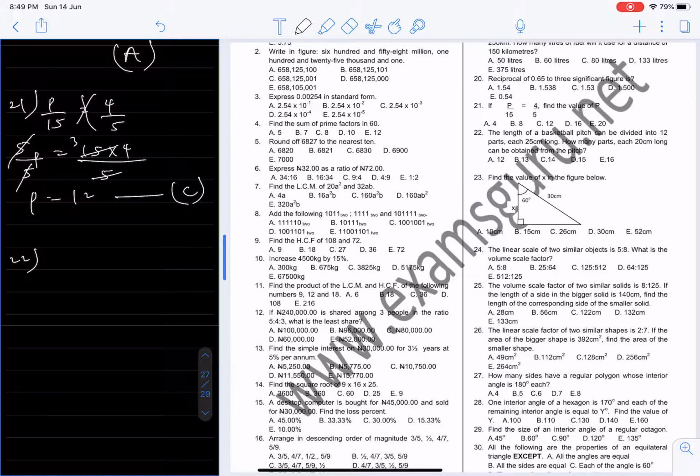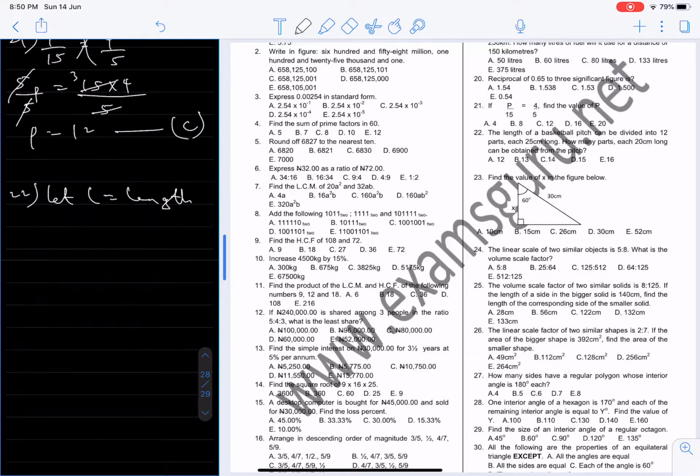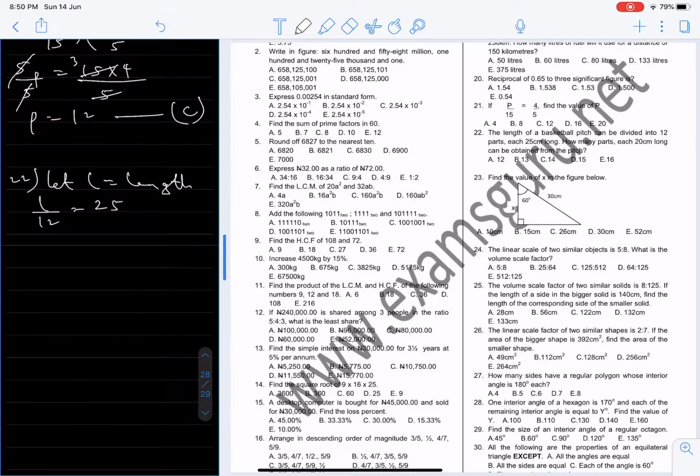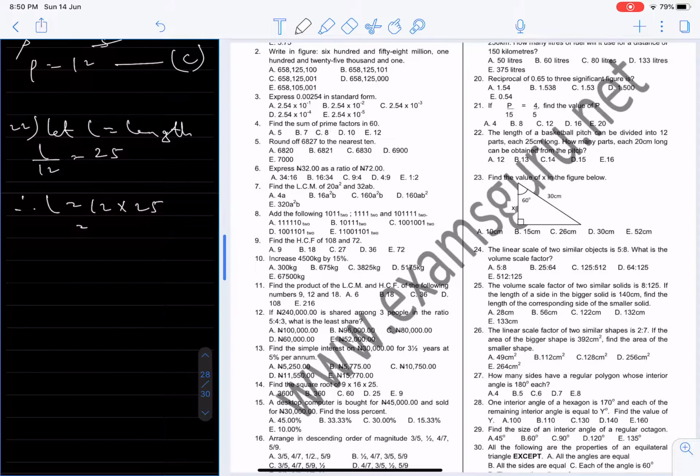Let L be the length of the pitch. L divided by 12 is 25 centimeters. That means L is 12 times 25, which is 300 centimeters.